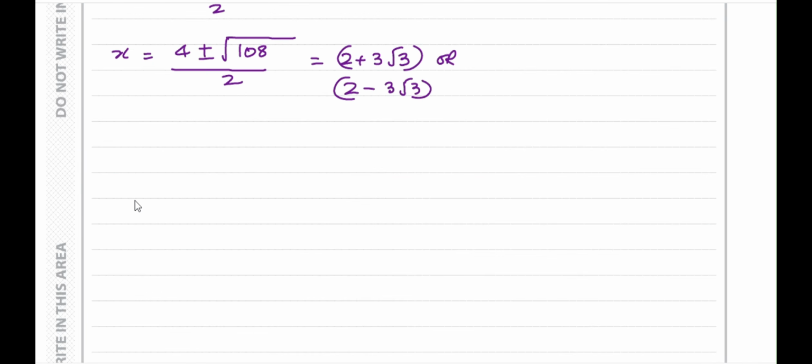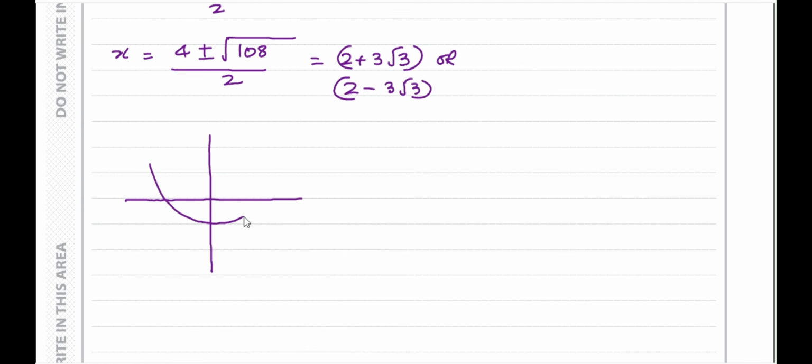Since this is an inequality, let us first of all sketch the diagram so that we can identify which values of x are the correct values. So here, this must be 2 minus 3 square root of 3, and this is 2 plus 3 square root of 3.